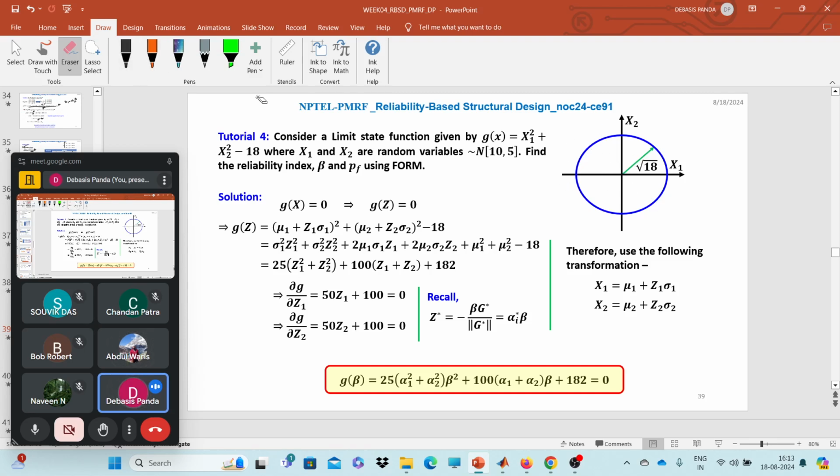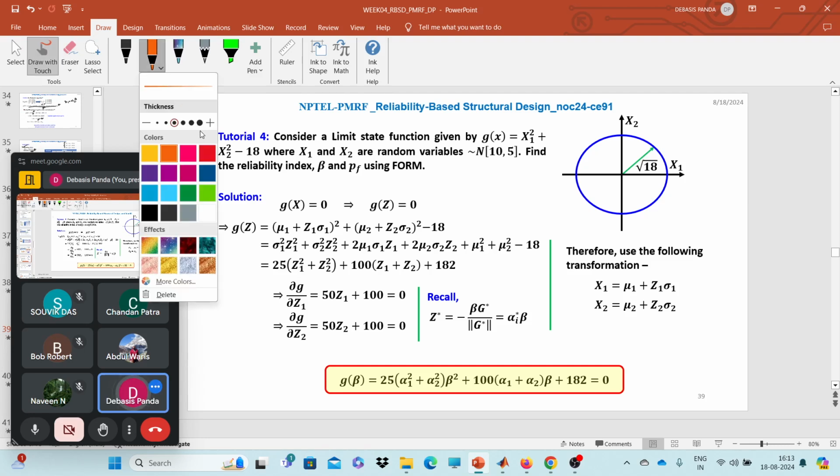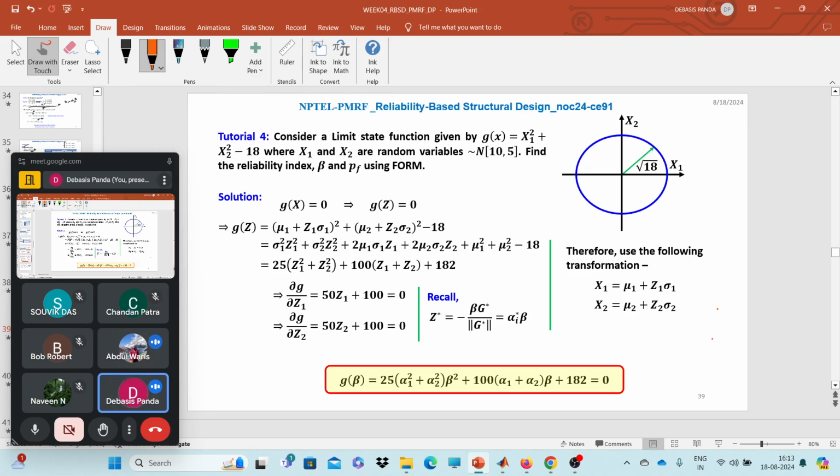That means every point on the circle could be a candidate, but you need the minimum beta so that convergence is achieved. Get it? That is the main goal of this algorithm, to find the minimum distance beta so that we can get the most probable value of beta.